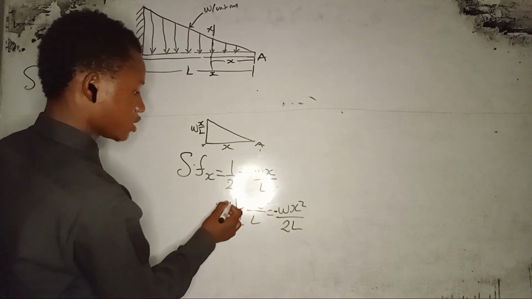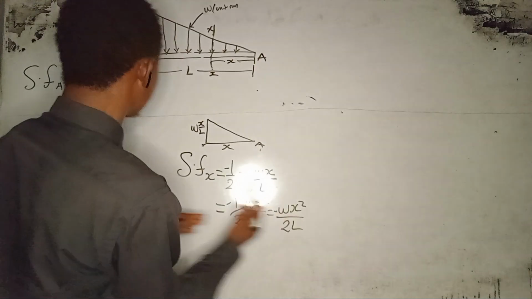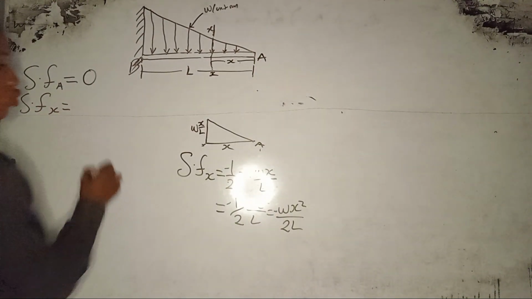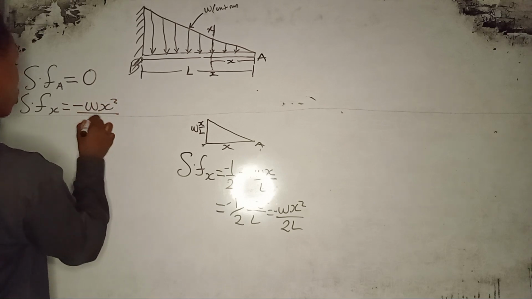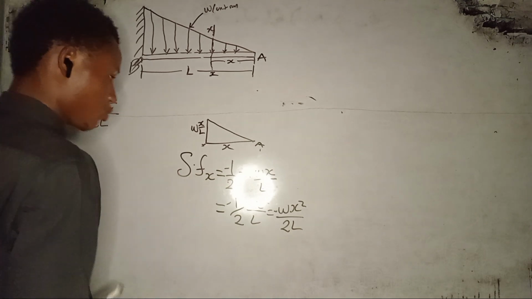Negative, don't forget the negative part, because the load is downward. So the shearing force at x is equal to minus Wx square over 2L. That is the shearing force at that point.